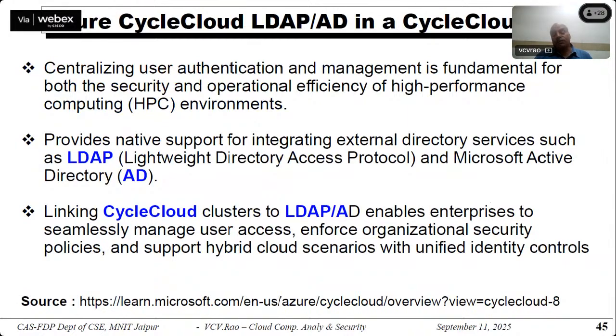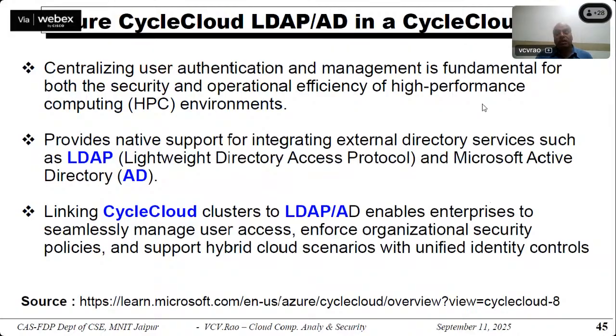One of the important policies is that whether the job runs on high performance computing or high throughput computing, centralized authentication and management is a fundamental issue. Centralizing user authentication and authorization is very, very important from a security perspective. And when you integrate many of the schedulers from outside, what are the protocols and services, the Active Directory services, protocols and services?